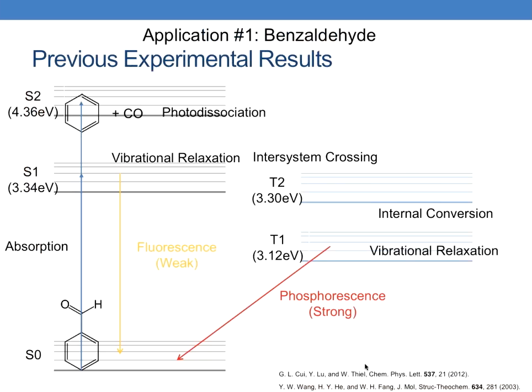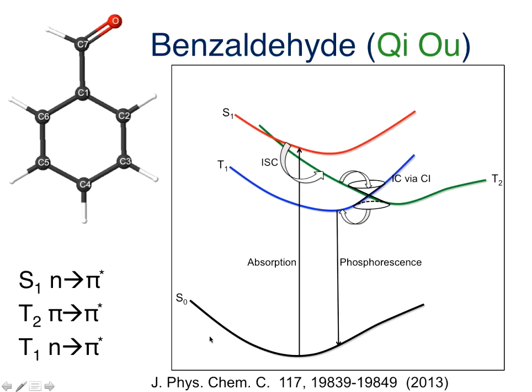Okay, so some applications here. What can you actually do with this? One of the big things that we studied before was an application looked into by a student in my group, Chi-U. One of the items that we studied has been benzaldehyde's relaxation by itself. Phenomenologically, what's known is that benzaldehyde is a very strong emitter of phosphorescence.